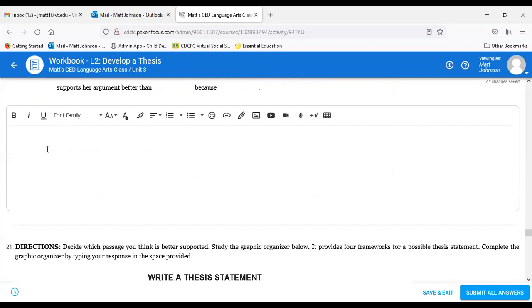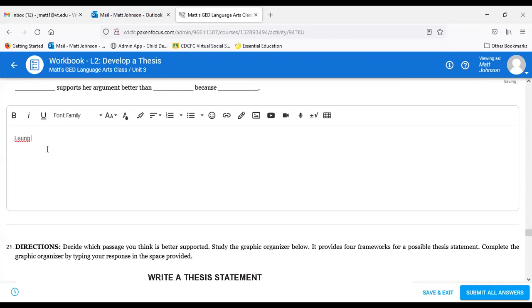We will support her argument better than Clement. And that's it. Well, then we'll put because. So you want to go with Young for this one? Okay, we'll go with a variety here.